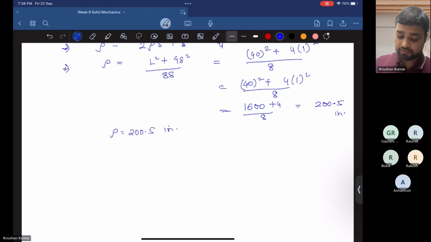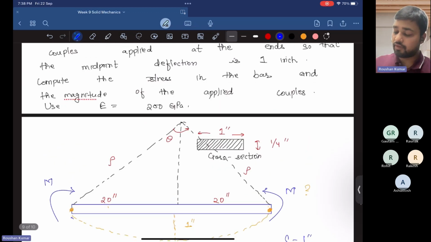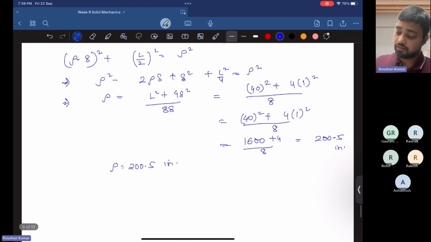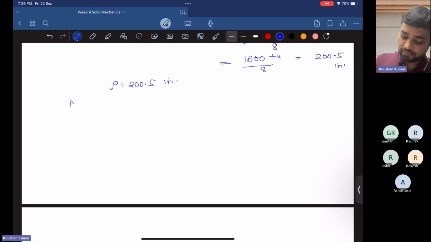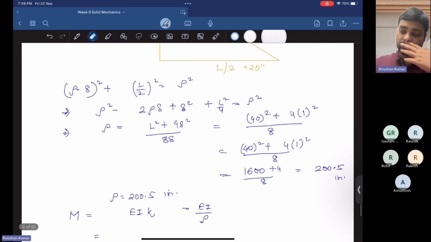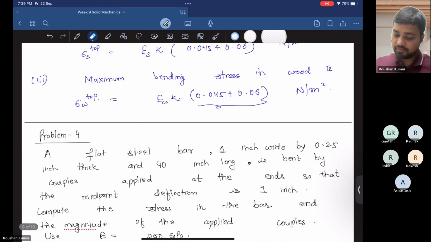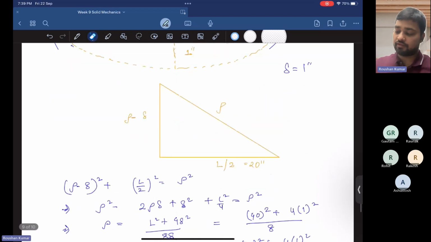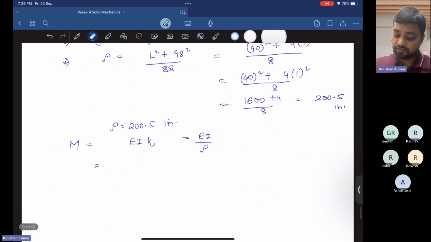And the question is to calculate the value of bending couple required to make a deflection of 1 inch. So the bending couple M is given by EI kappa, or we say EI by radius of curvature, and the radius of curvature here is rho. And what is the value of E here? First we have to convert the gigapascal into pound per inch square.